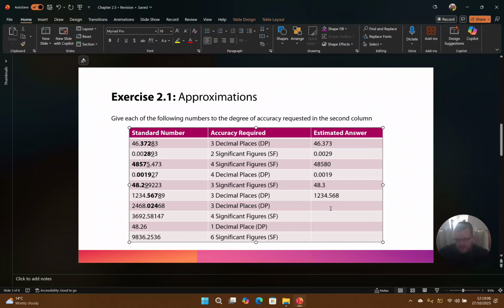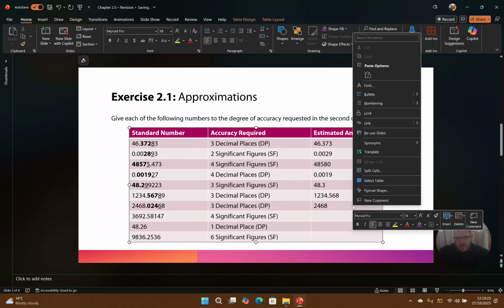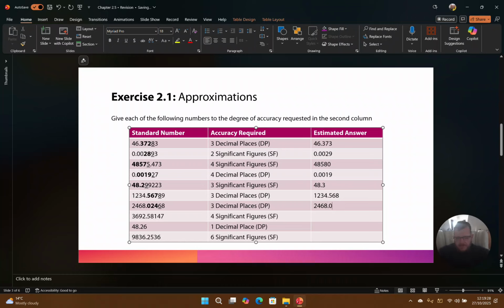And we have, just focus on that 6. Because our 6 is greater than 5, we round the 4 up to 5, and that's where we end up as our estimated answer. 4 significant figures.